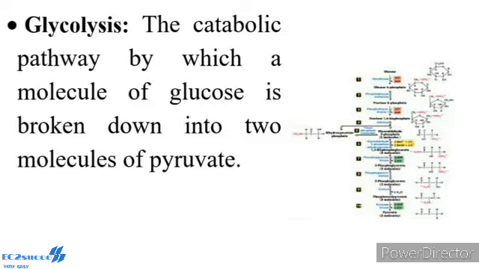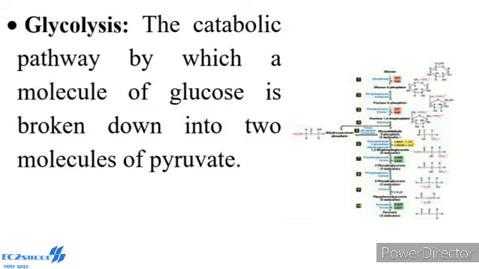Glycolysis is common to both aerobic and anaerobic modes of respiration and therefore called the common pathway. Glycolysis is the first stage in the breakdown of glucose and is common to all organisms.